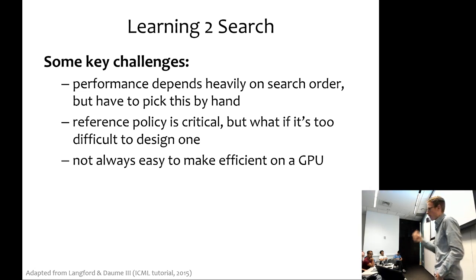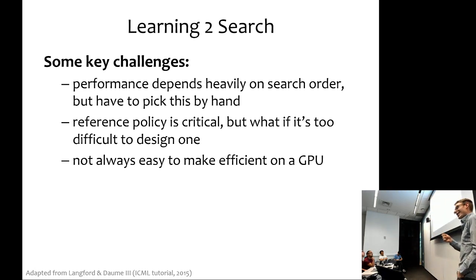Another thing is that the reference policy is critical to success, but what if we don't even know what the reference policy should be? For part of speech tagging, it's obvious that you should just complete the tags with the correct tags, whatever the beginning tags were.